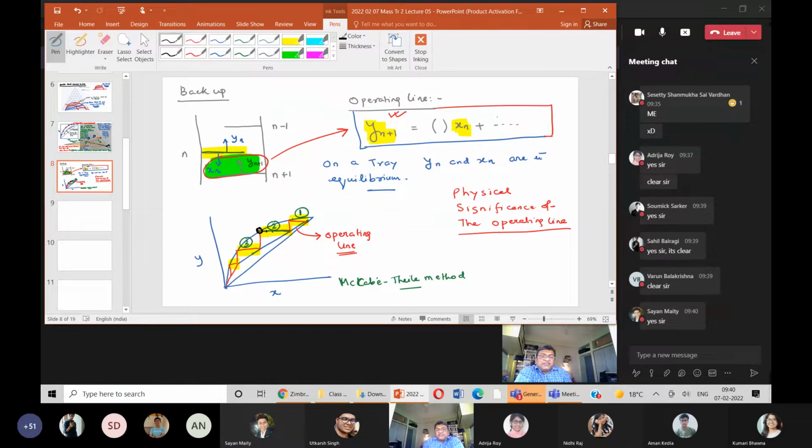At other points, the X and Y are not in equilibrium. So please don't go and tell anybody, because then you will fail in Grand Viva, that's guaranteed.